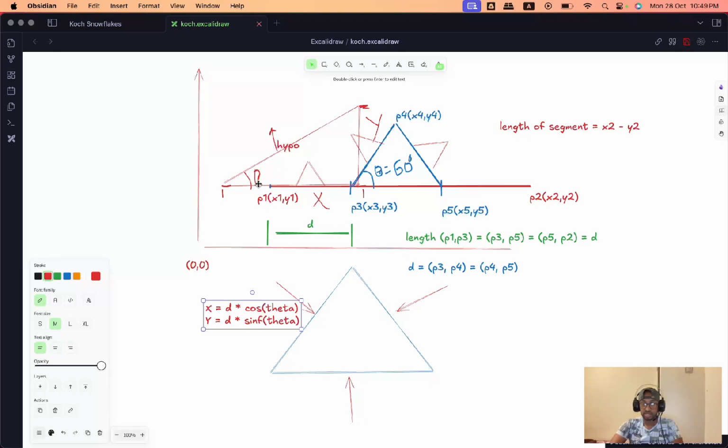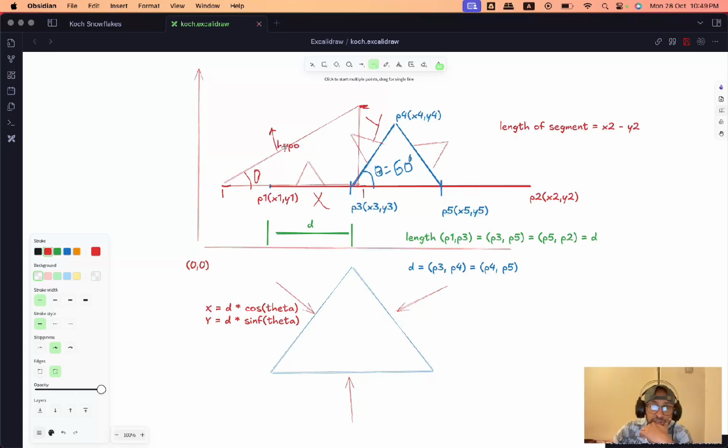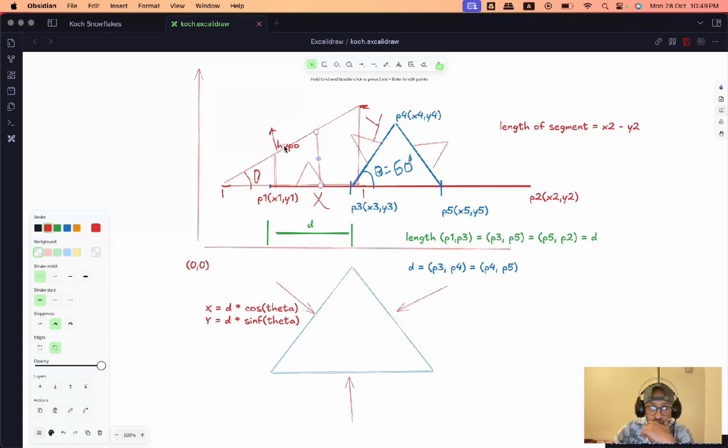Finding theta is actually easy. So this is my segment, let's say, and we have the hypotenuse. I want to know the x and y components of that point D. D is the point that divides this segment into 3 equal parts.